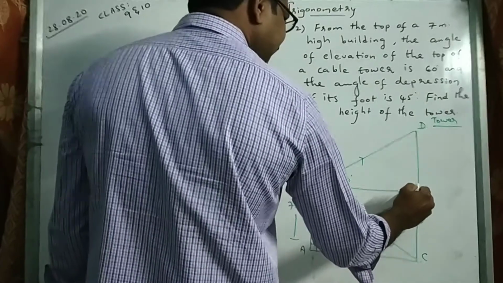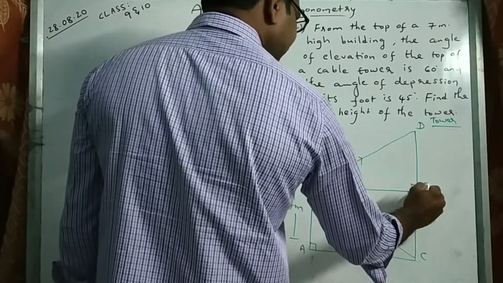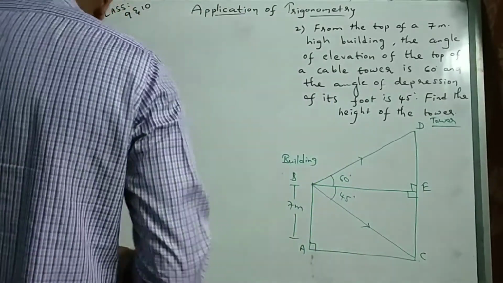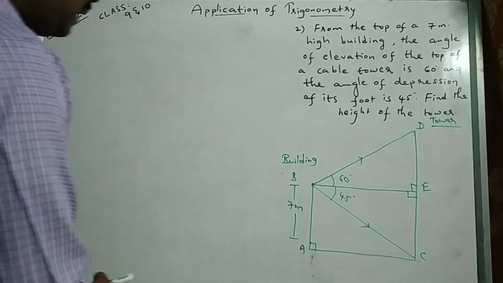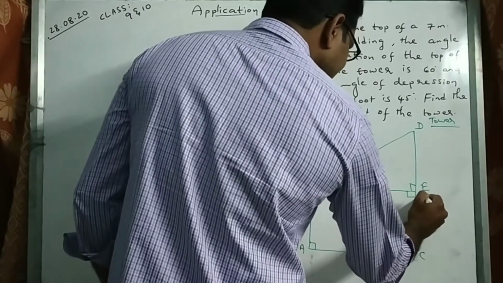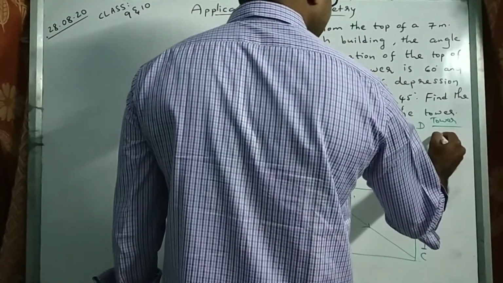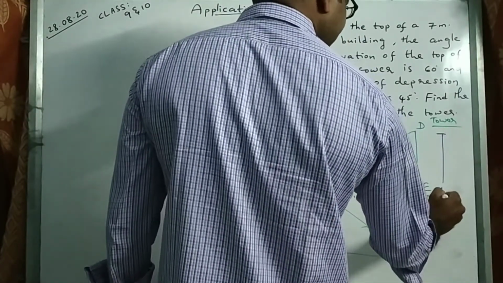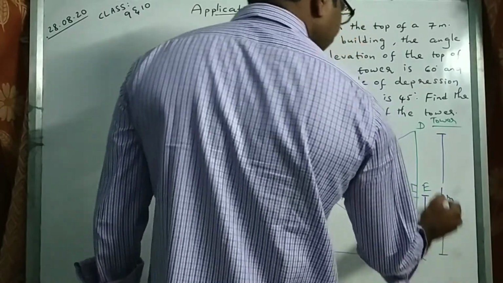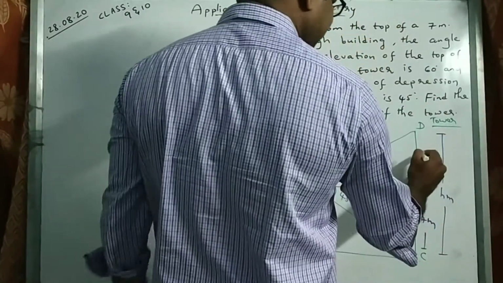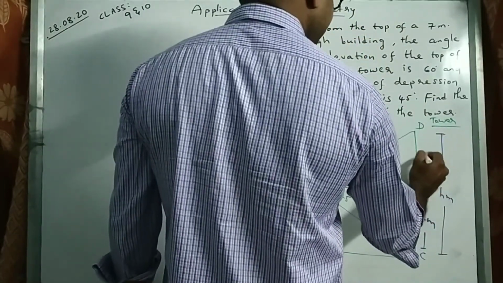Here it is 90. Let me take E. So if this is 7, then this is also 7 meters. Total height of the cable tower, let it be H meters. We have to calculate total H, and this is 7. Then this will be H minus 7.